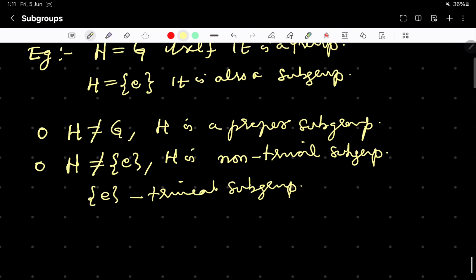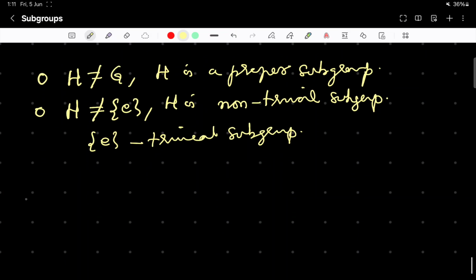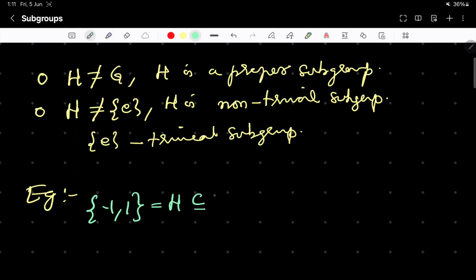Now let's see some examples. I'll take one example in a multiplication group: you take {-1, 1}. This is a subset of the real numbers, a proper subset of R star, which means 0 is removed.